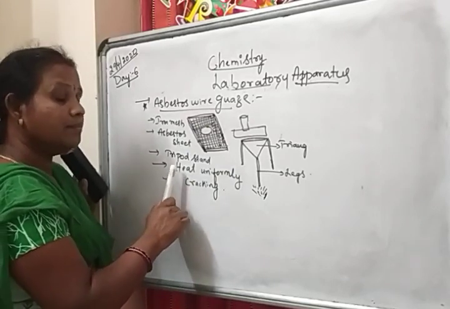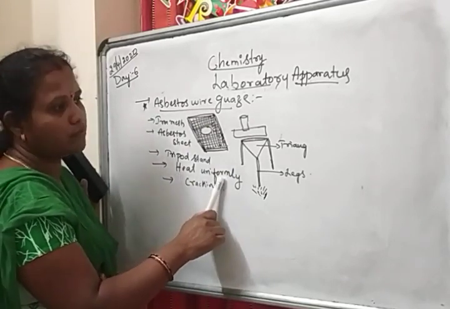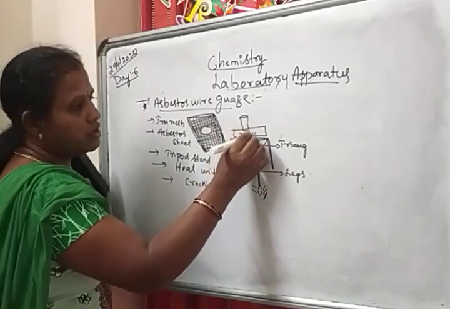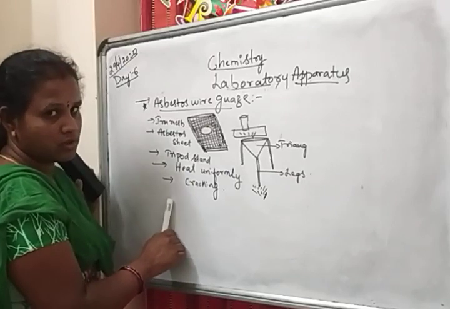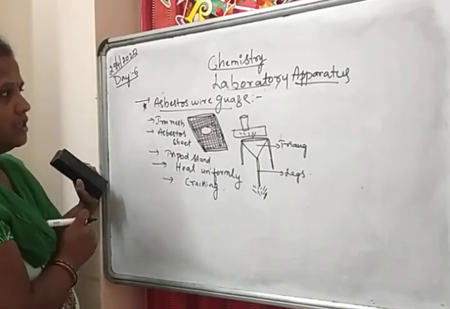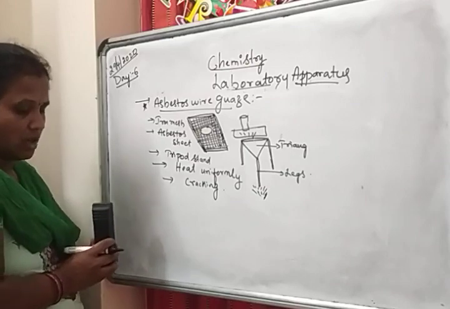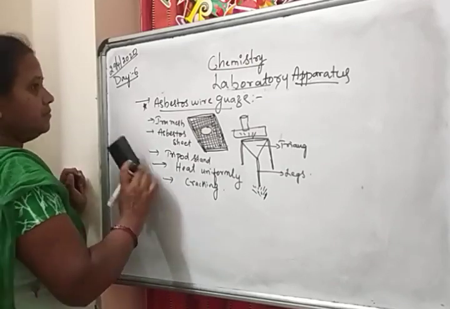It means that the heat is distributed uniformly, and not only that, it prevents the glass apparatus from cracking. So this is the asbestos wire gauze. The next one.